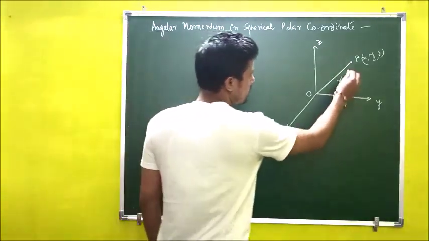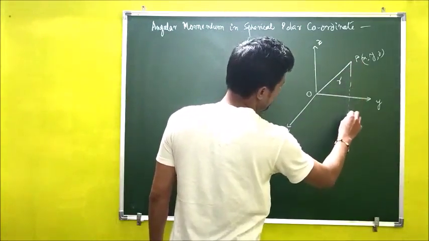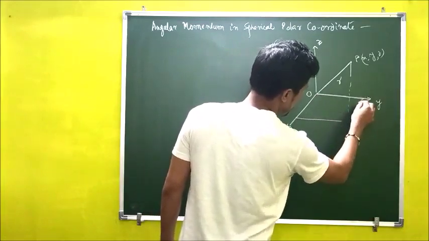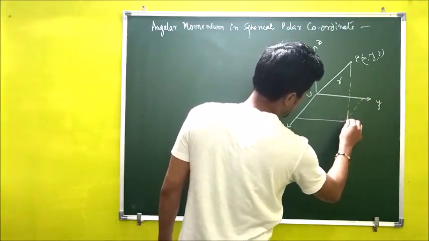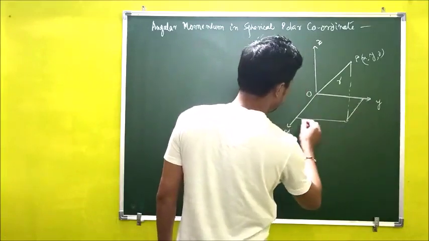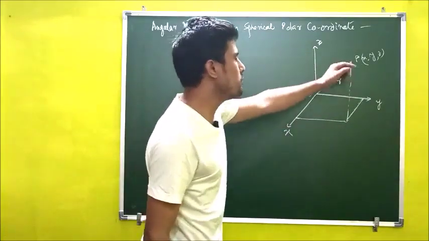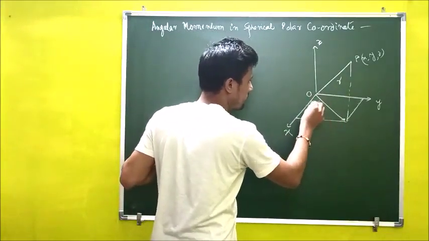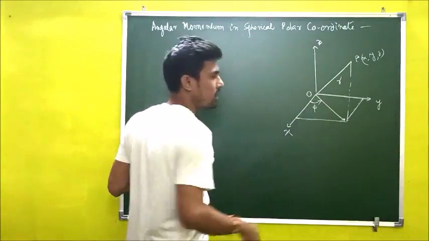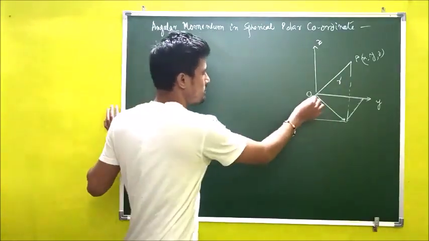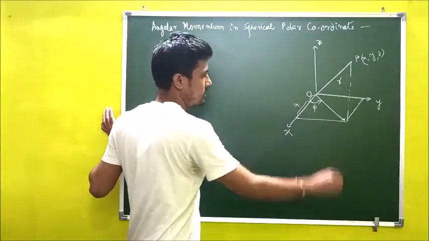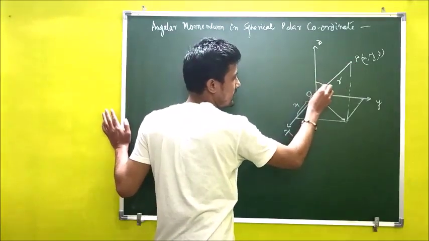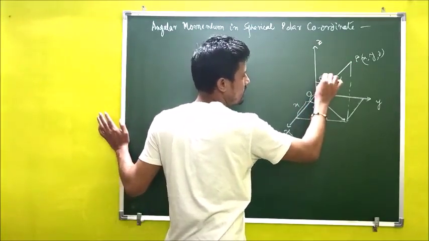If we draw a perpendicular to the xy plane, we see this point P makes an angle phi with the x-axis, and an angle theta with the z-axis.